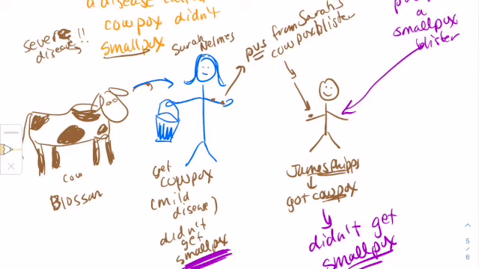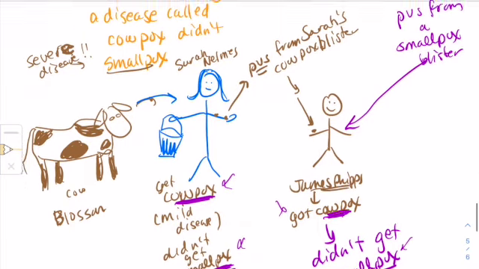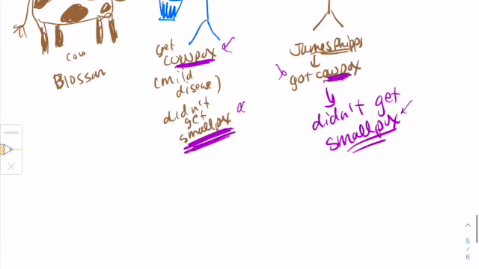So let's see. They got cowpox. Their immune systems made antibodies against the cowpox that also worked against smallpox, which was a much worse disease. You didn't want it. This was an early form of vaccination that we call variolation.